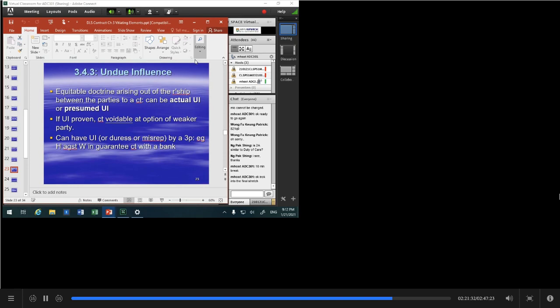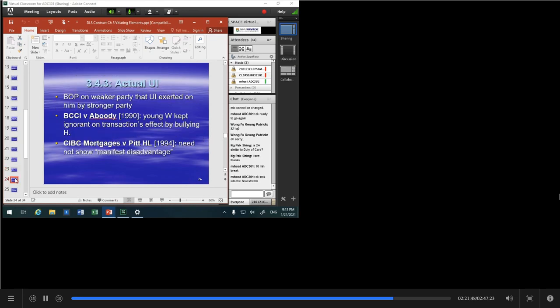So remember, with undue influence, there are two types: actual undue influence. The problem with actual undue influence is the burden of proof is on the weaker party, to show that there has actually been undue influence exerted on them by the stronger party. And that can be very, very difficult to prove. In the Avoidable case, the young wife was able to prove it, and indeed in the Pitt case as well, a wife again induced by her husband to remortgage their matrimonial home. The court found there was actual undue influence in those cases, and Pitt has changed the law.